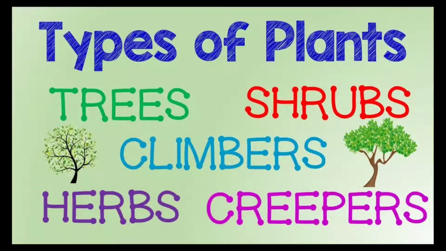Herbs. Herbs are small medium-sized plants. They don't have very strong stem. And creepers and climbers? Anybody can guess? Yes, they have weak stem and need support. And if they don't get support, they creep on the ground.